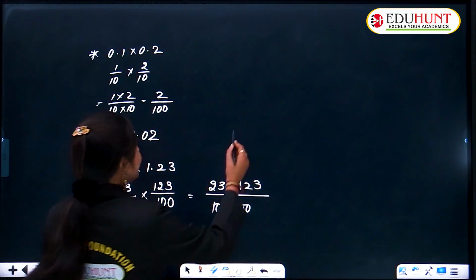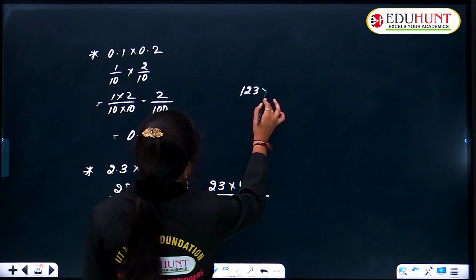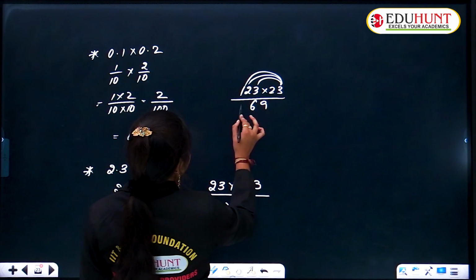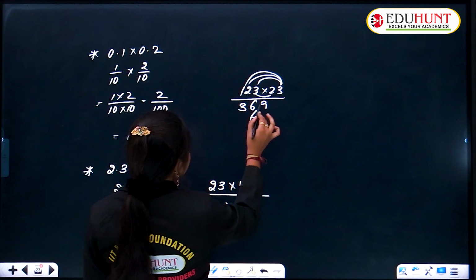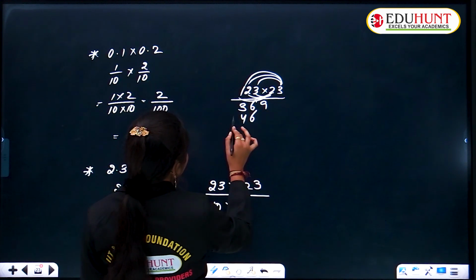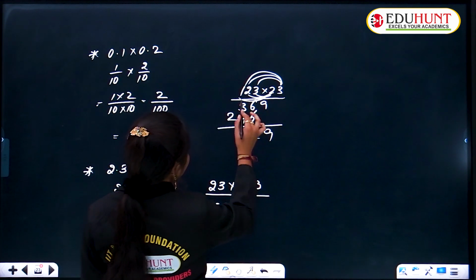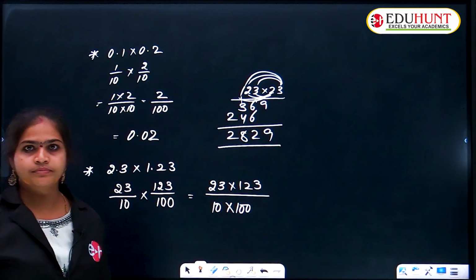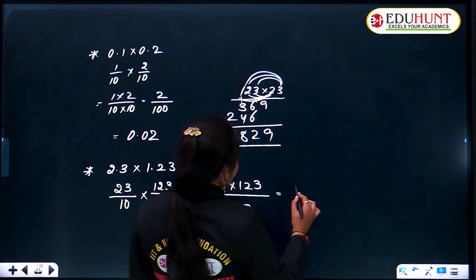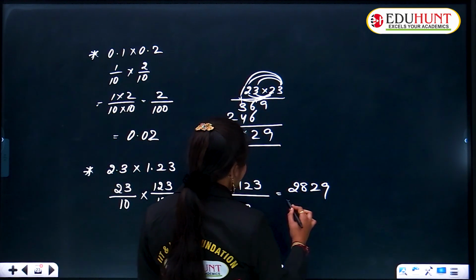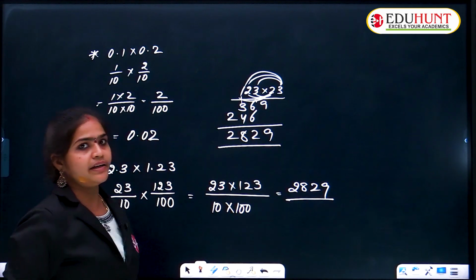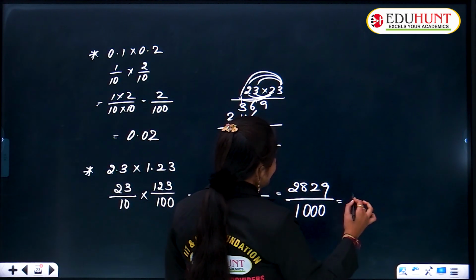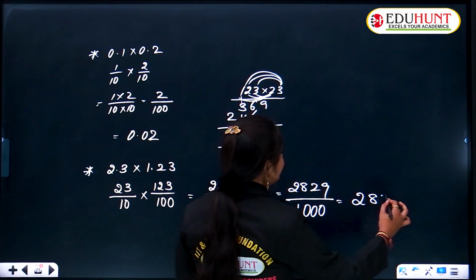Okay. 123 into 23, how much do you get? 3 threes are 9, 3 twos are 6, 3 ones are 3. 2 threes are 6, 2 twos are 4, 2 ones are 2. 9, 12, 8, 2. 2 8, 2 9. 2829 by 10 into 100. 10 into 100, how much? 1000. Just write the number as it is.